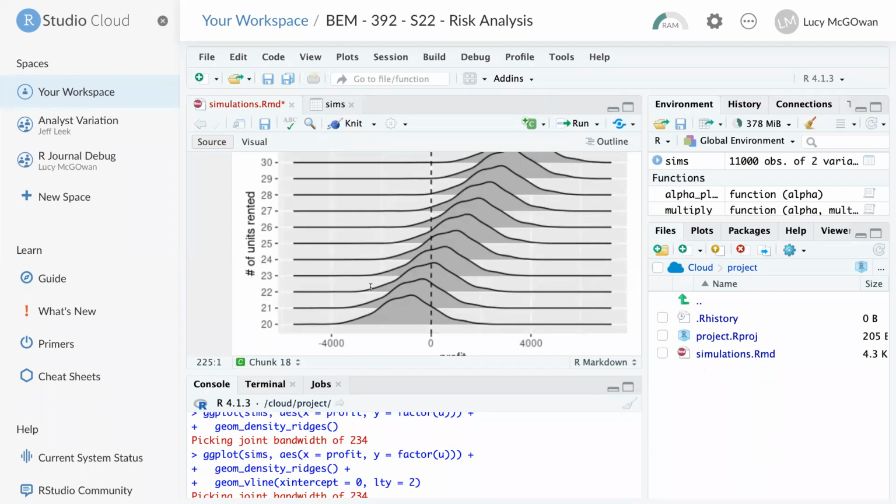In this case, we looked at how sensitive our risk estimates were to the number of units rented. So I think this is a really powerful tool because it's malleable. You can put in any estimate and it can help you make any decision, as long as you have some parameters for understanding the underlying mechanism of that decision.